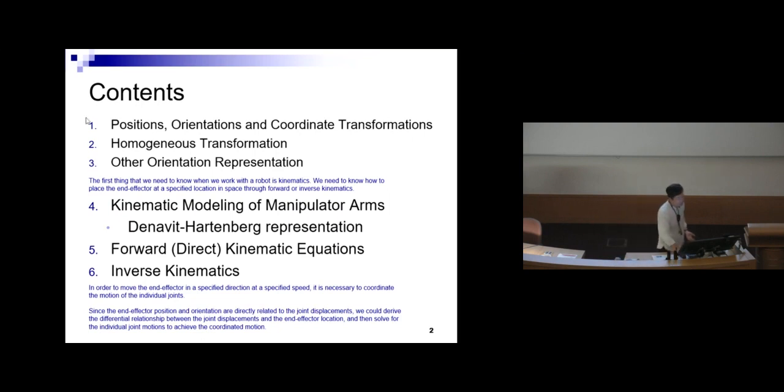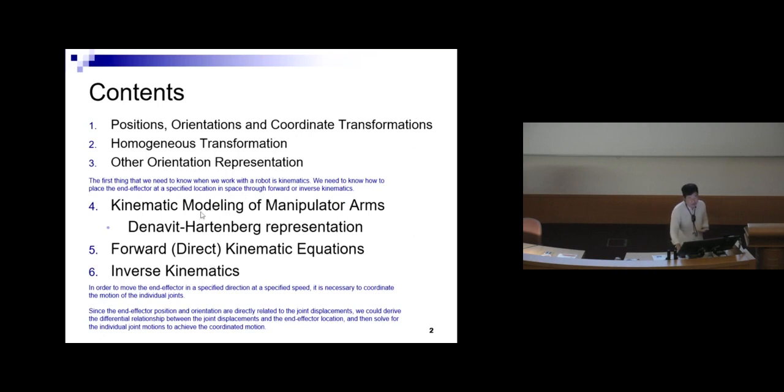They are general, essentially applied mechanics in nature. Now with the tools that we have studied, we move on to study the kinematics of a robot. Kinematics is the first thing that we need to know about the robot. You need to know how to place the end effector at a specific location in space, through forward or inverse kinematics.